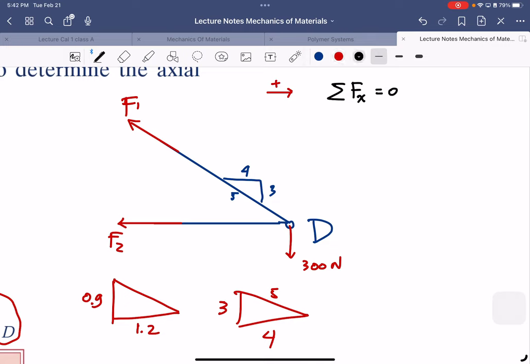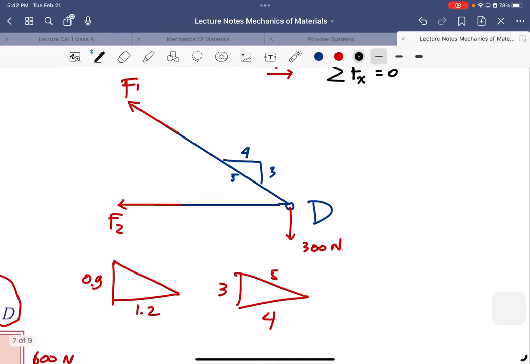Actually, the assumption is up to you, as long as you understand. But my suggestion is you can go right side positive, left side negative, easy to understand. Sometimes you can also switch as long as you know the meaning, the result should be the same. But let's just say the right arrow is positive. So sigma F in the x-axis is equal to 0.